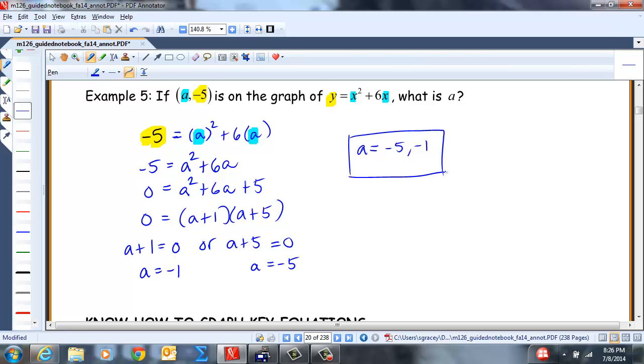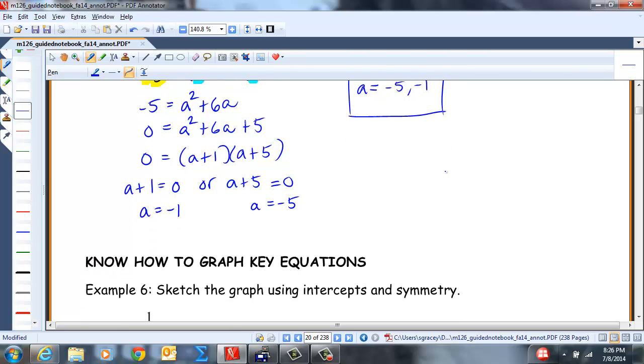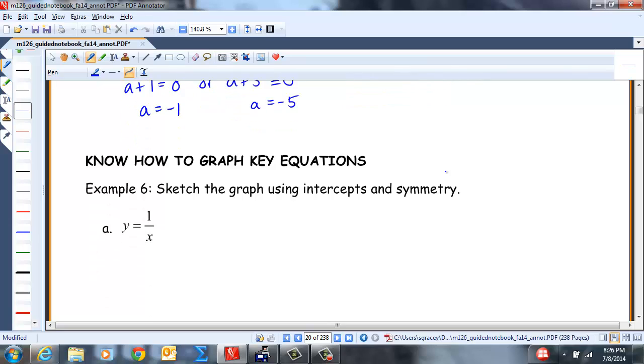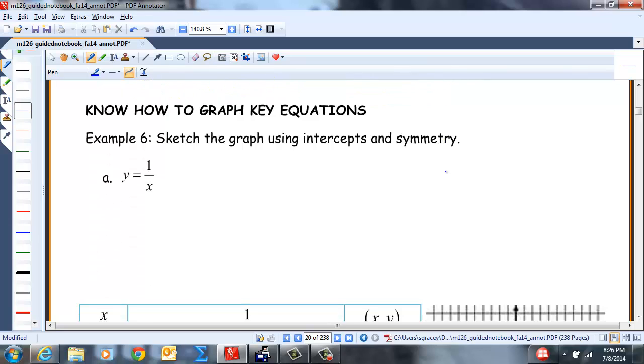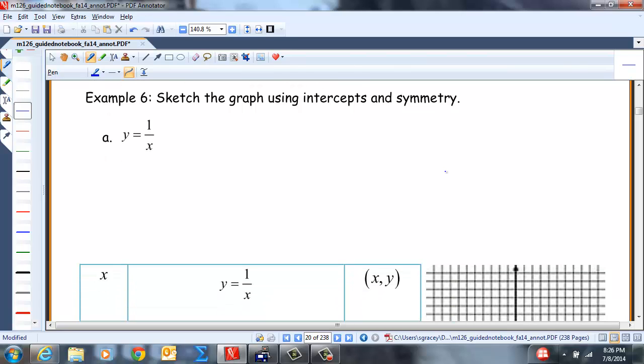Okay. So moving right along. How to graph key equations. So we're going to graph these equations, and we're going to use intercepts and symmetry. So here we go. Check out this equation, y equals 1 over x. Do you see that if I put in 0 for x, I would end up with something that is undefined?